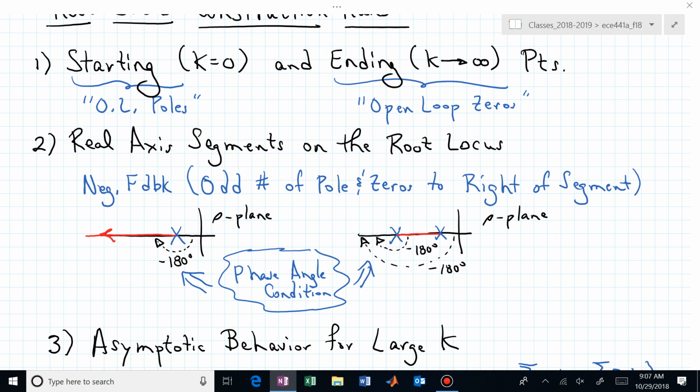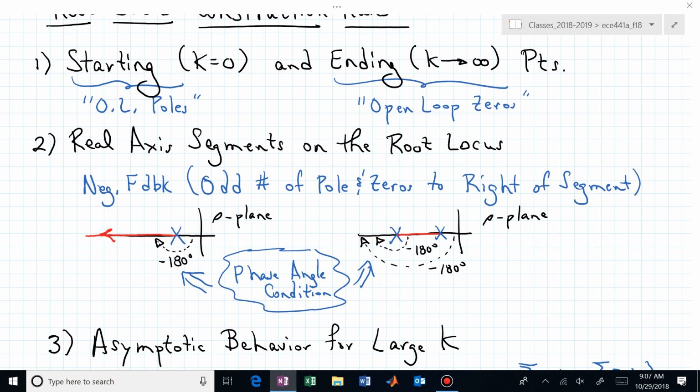And we need all of the angles from these poles and zeros, when they all are added up algebraically, to equal minus 180 degrees for a point in the entire complex S-plane to belong to our root locus.